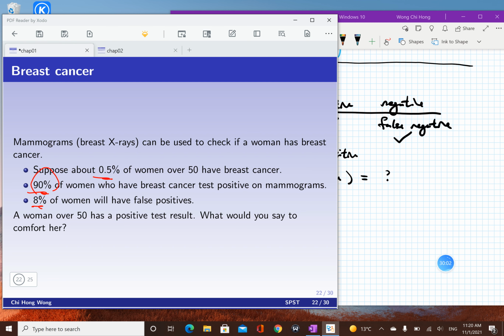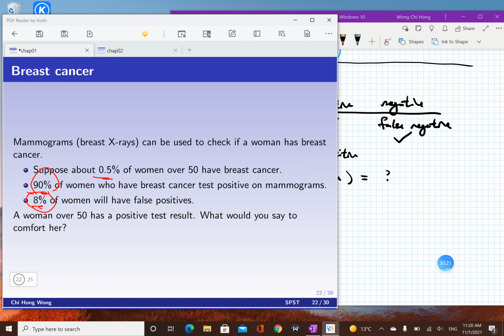Suppose that you've got an accuracy of 90%, so that if you have the disease, there is a 90% chance it gives you a positive. But on the other hand, you still get false positives. There's an 8% chance you'll get a false positive: you don't have the disease, and it tells you positive.